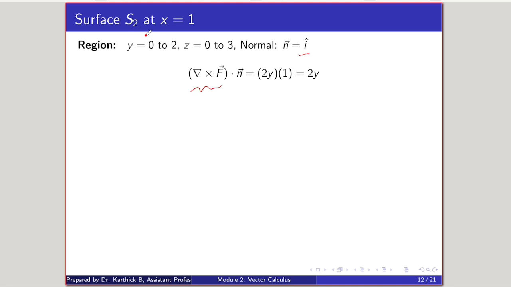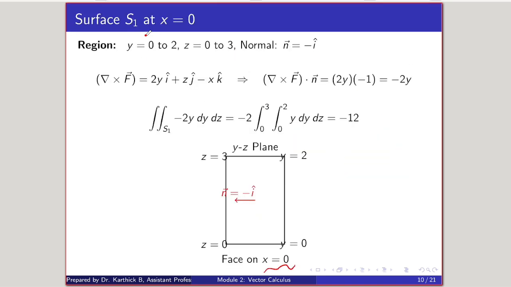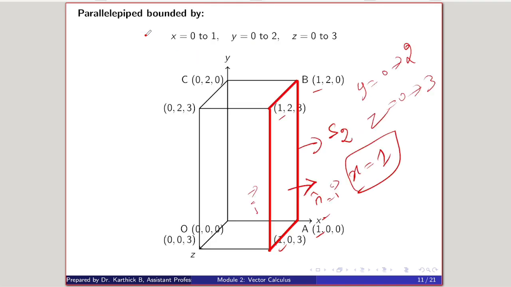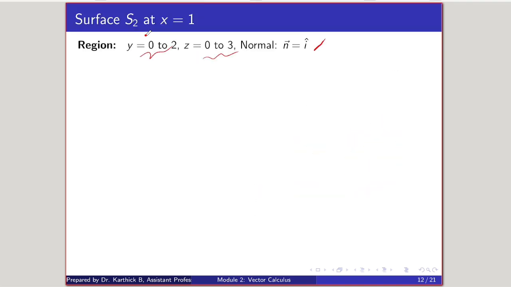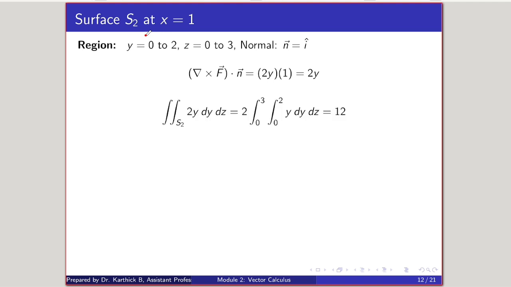The gradient cross F will be 2y i plus z j minus x k. So if I multiply with i, I will get 2y, since i into i becomes 1. So 2y. Then we have to go for the double integral. Here the variables will be y and z. So y limits will be 0 to 2, and z limits will be 0 to 3.